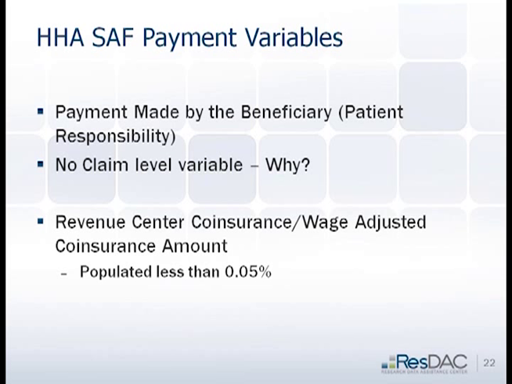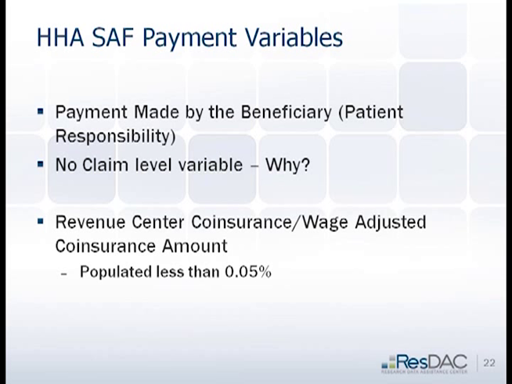Now, that's not necessarily true for every single revenue center. Home health is a Part A service that's 100% covered by Medicare. There are a few Part B services, when you have a mix of Part A and Part B, that have charged some co-insurance. There's nothing at the claim level because CMS never bothered with it, but there is something at the revenue center level.